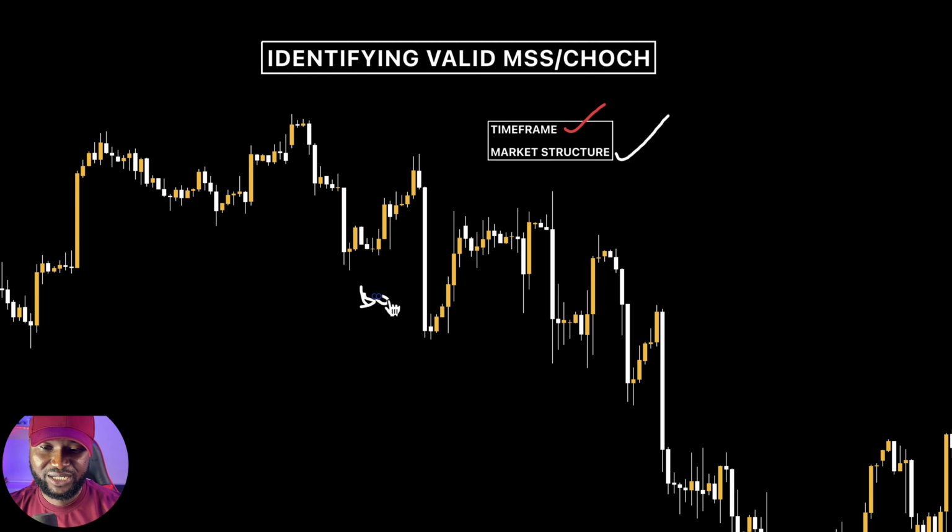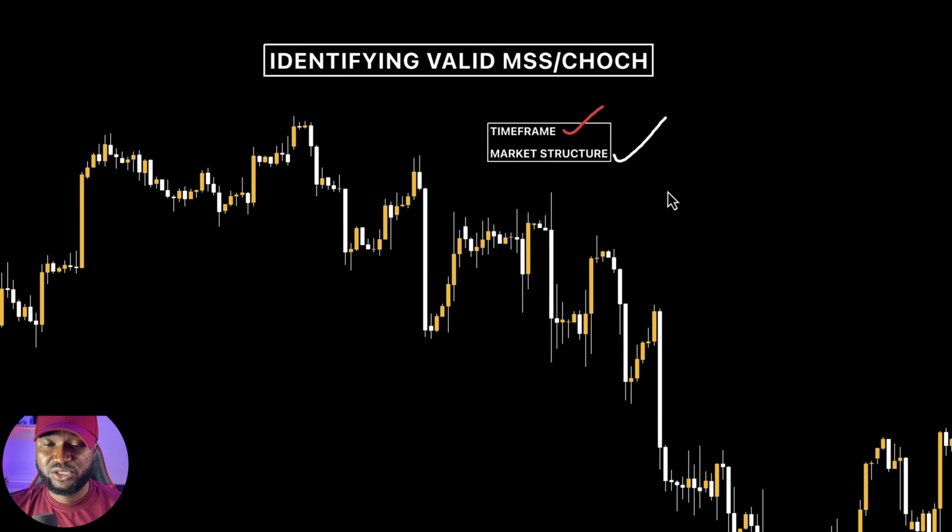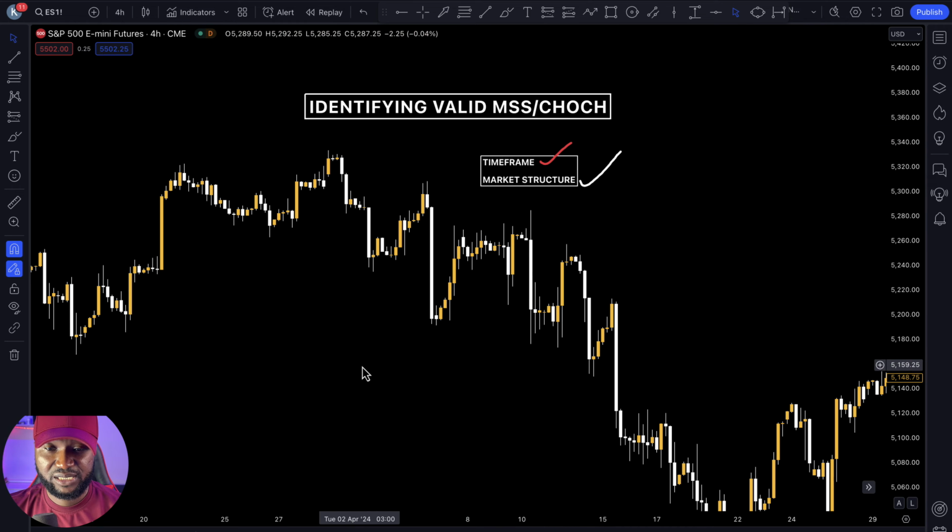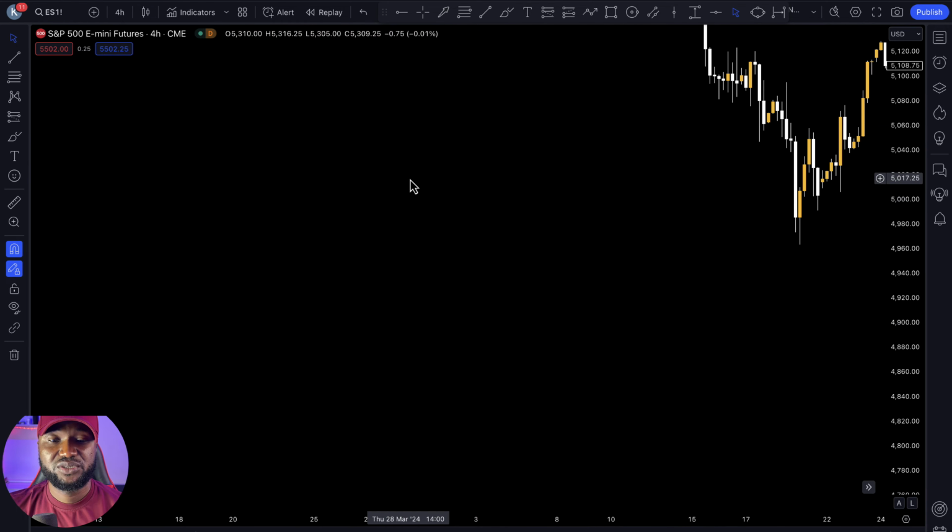All right. So let me show you how to easily identify a valid market structure shift. In simple terms, what does it mean to have a market structure shift? A market structure shift simply means a turn in the direction of a market at a particular time. So if the market is bullish and it decides to come down, that is to go bearish, we simply call it a market structure shift.